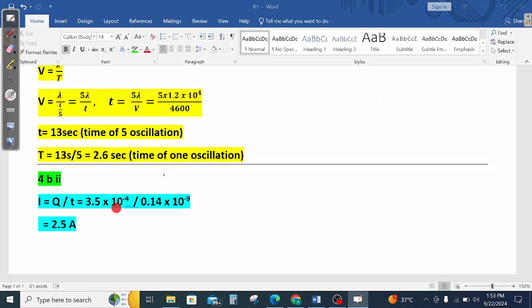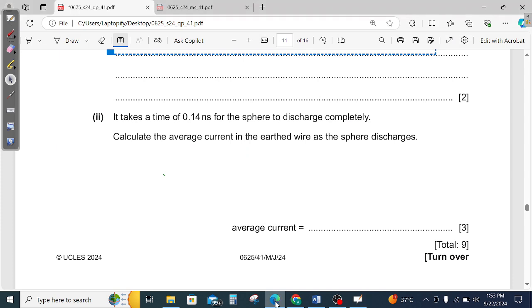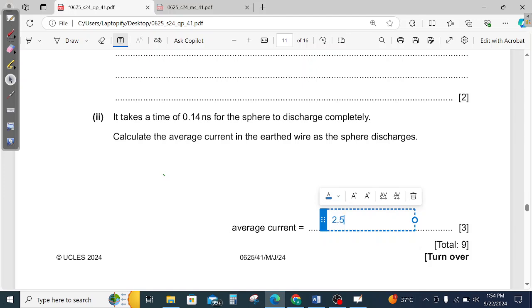The charge is given and the value of time is 0.14 nano. You have to place the value of nano as 10 raised to the power minus 9, and then divide these two terms, you will get 2.5 ampere. It means 2.5 ampere current will pass through the earth wire. Ampere is the unit of current.